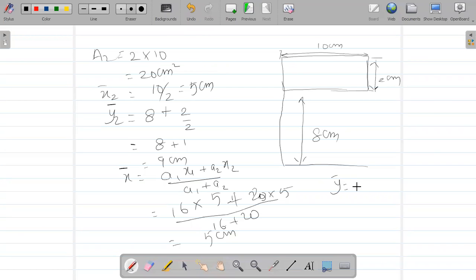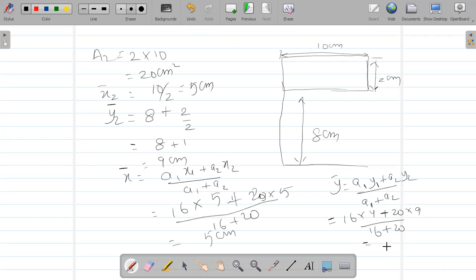Similarly, calculate y bar also. y bar is equal to A1 y1 plus A2 y2 divided by A1 plus A2, that is equal to 16 into 4 plus 20 into 9 divided by 16 plus 20.